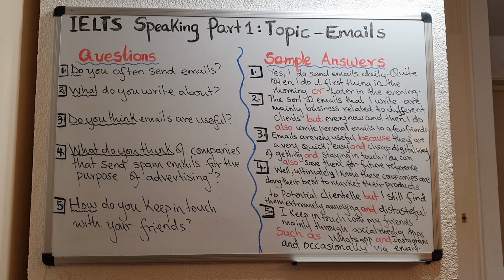Like, for example, you can see in my answers, I use expressions such as quite often. I do it first thing in the morning or later in the evening. That kind of phrase is a typical expression that we use in English. And if you use that, then it will score you a high band.